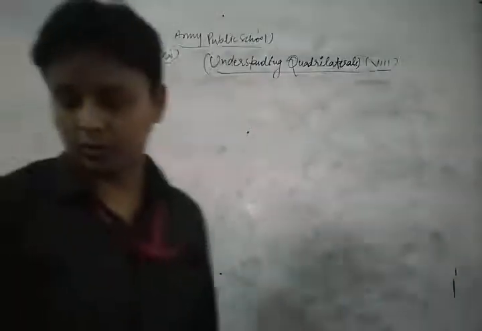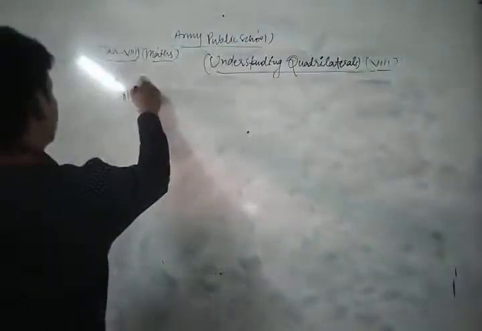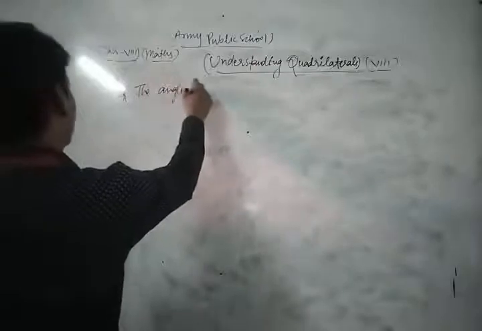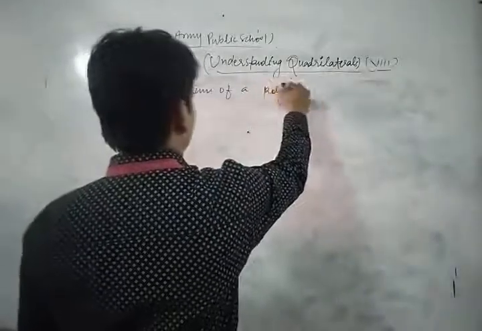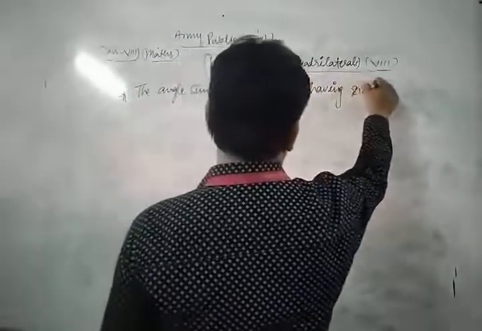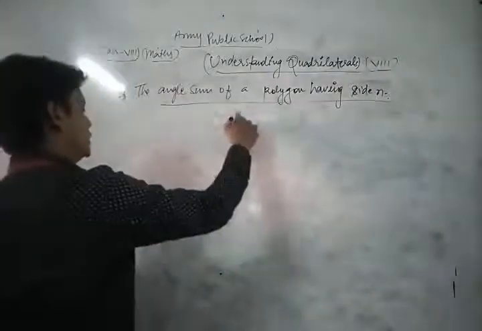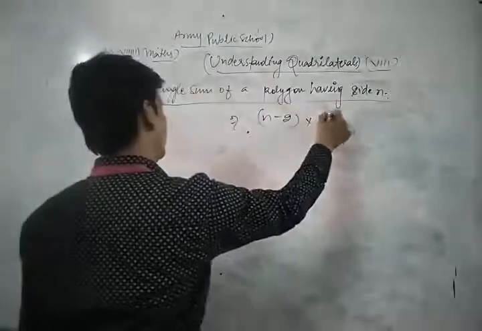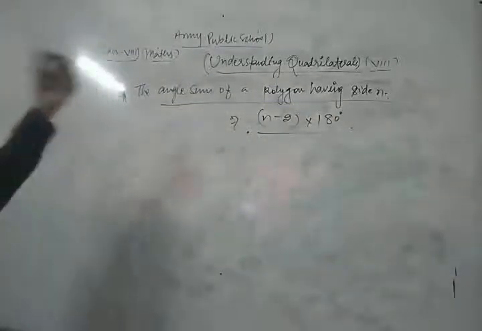The sum of all interior angles of a polygon having n sides is equal to (n minus 2) into 180 degrees.